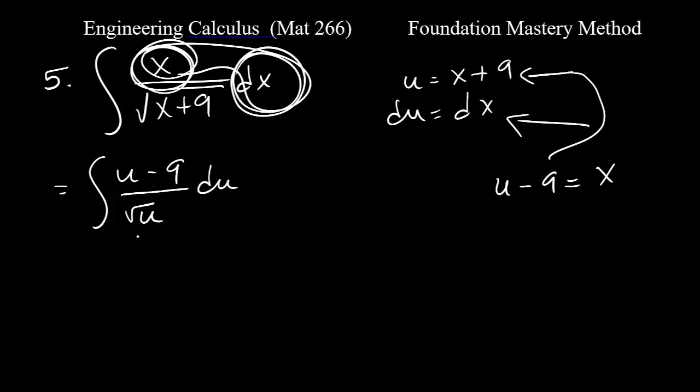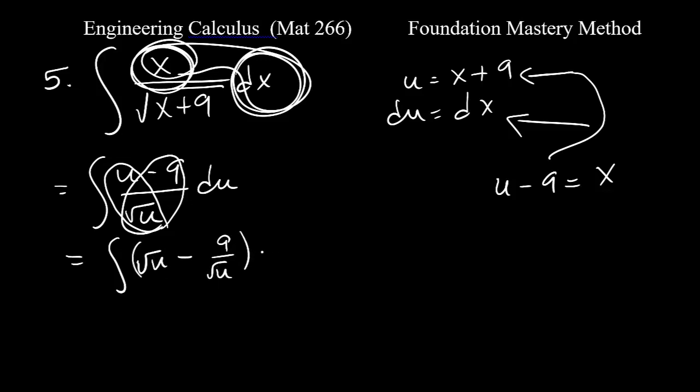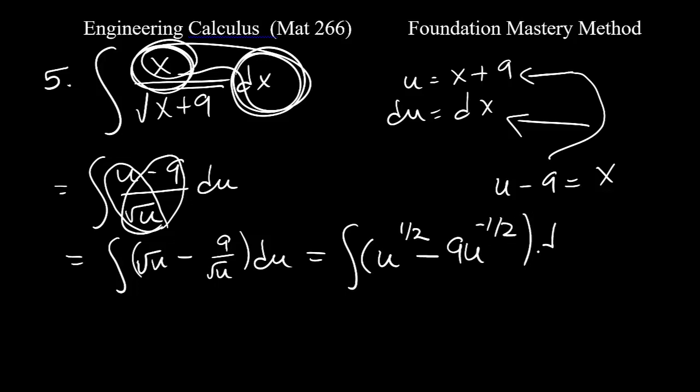Now to integrate this, we're going to distribute and divide the u and the minus 9 by the square root of u, giving us the integral of u over the square root of u, which is just the square root of u, minus 9 over the square root of u, du. And if we rewrite this in terms of powers, we'll be integrating u to the 1/2 power minus 9 times u to the minus 1/2 power.